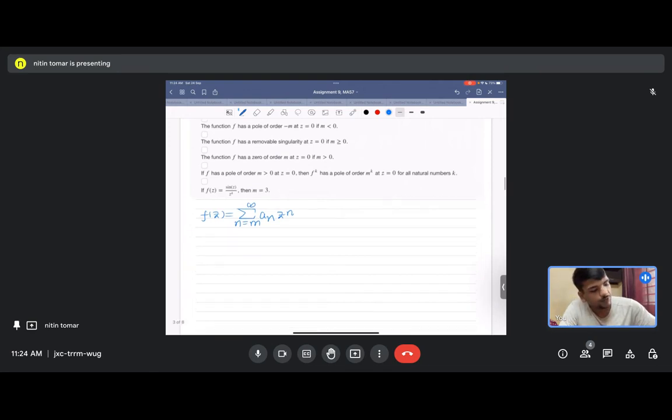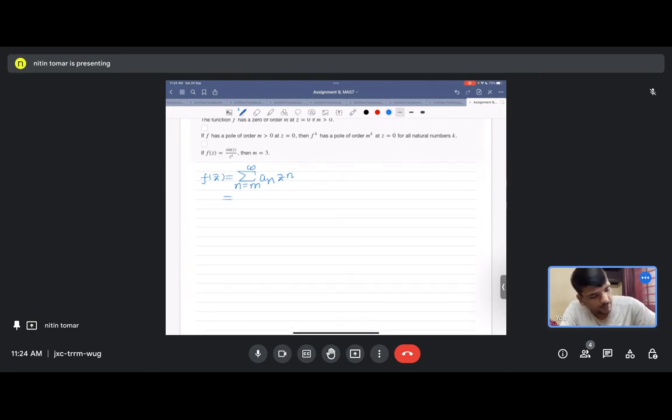Now see, we don't know about m, so let us make two cases. If m is negative, how does it behave? If m is negative, it means m is some minus k, where k is some natural number.